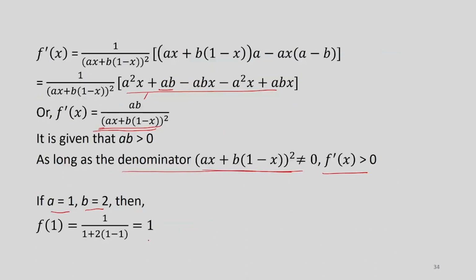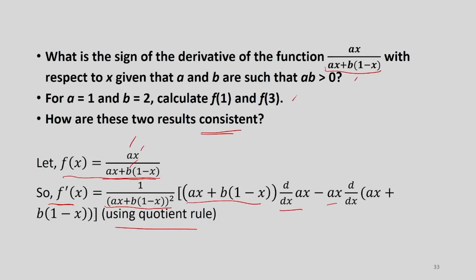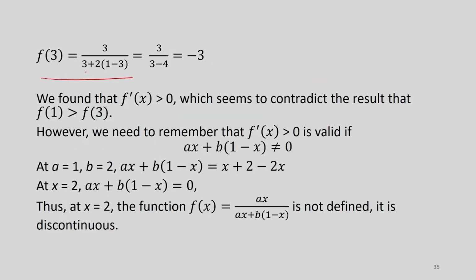And that turns out to be simply 1. Okay, f of 1 is equal to 1. Second is, what is f of 3? Okay, again I use the functional form. Here I put x is equal to 3 along with a is equal to 1, b is equal to 2, and I do the simplification, I get actually minus 3.